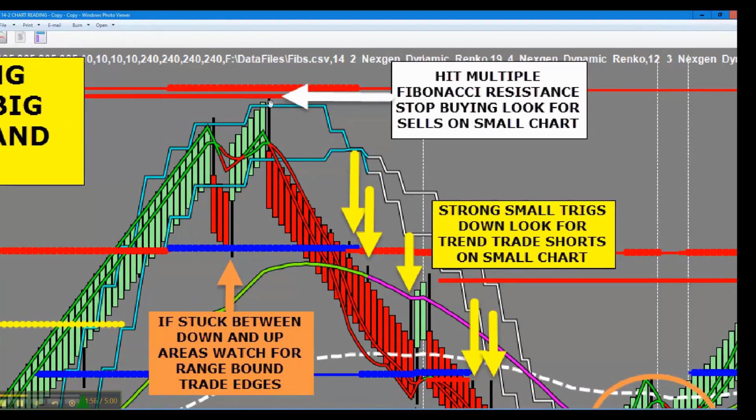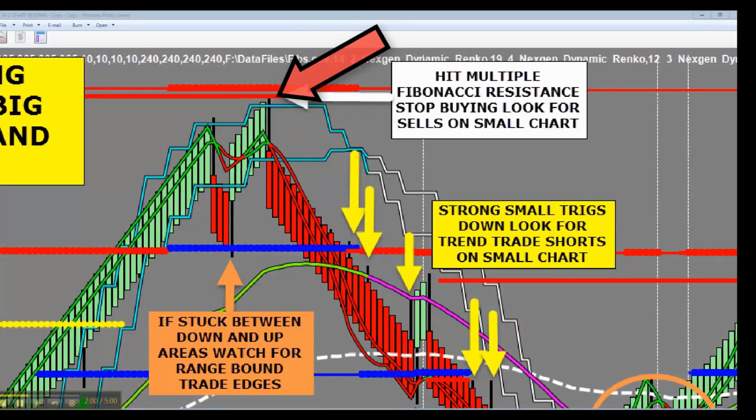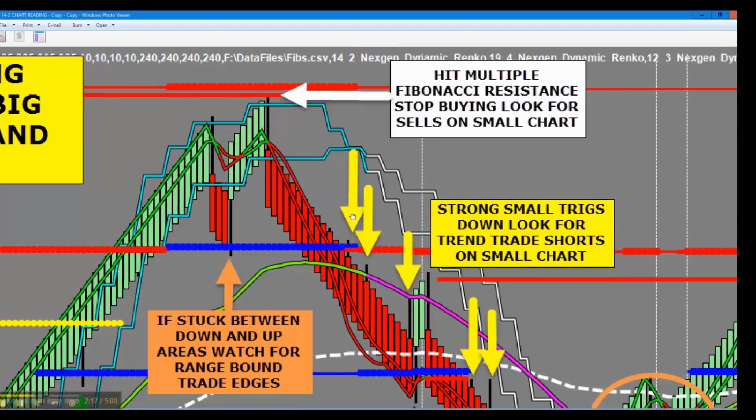Once we hit multiple time frame resistance without the triggers breaking through, we then have the opportunity to do what? Potentially go the other way, if you're a counter trend trader, from the multiple fibs. If you're not a counter trend trader, that's okay.